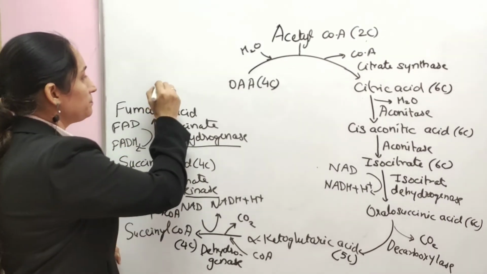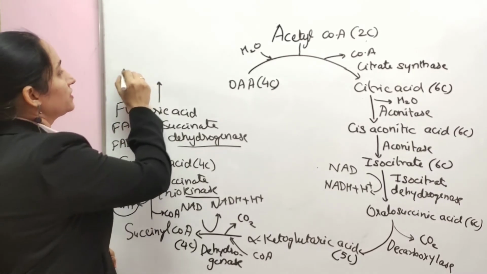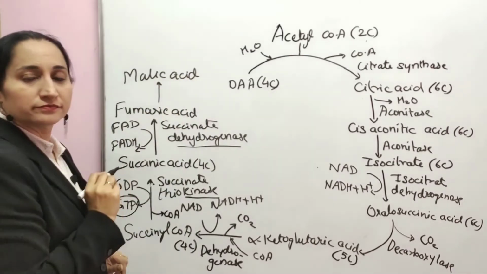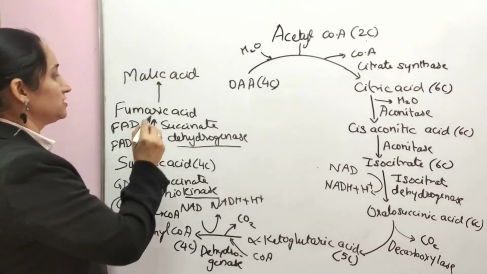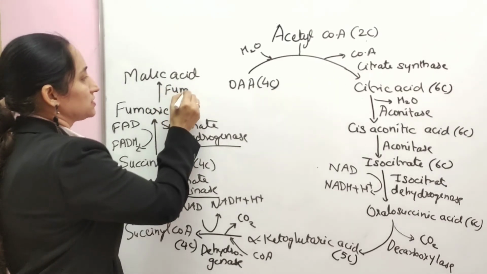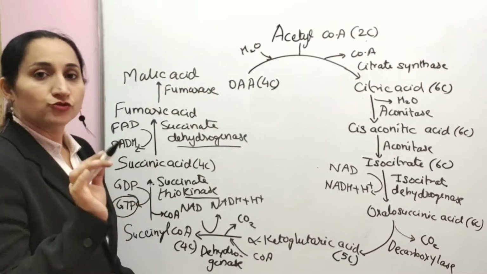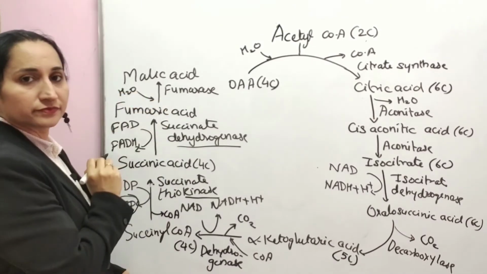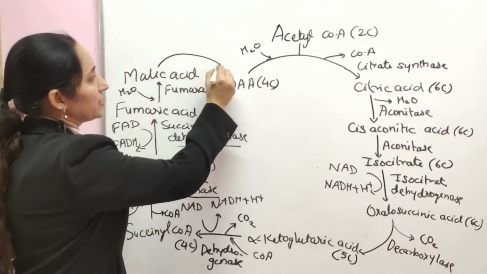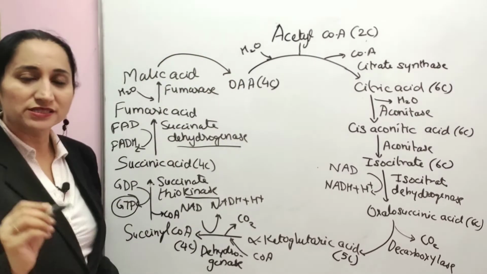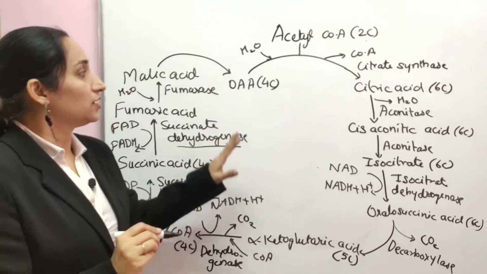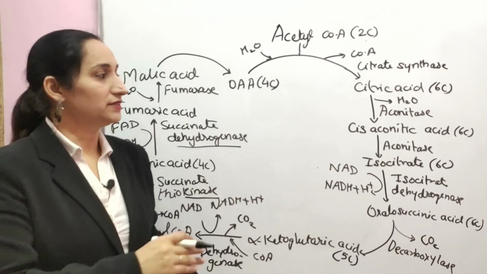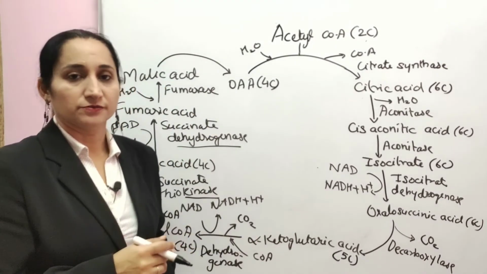In the next step, fumaric acid will get converted into malic acid. With the help of enzyme fumarase, fumaric acid is hydrated to malic acid. In the next step, this malic acid will get converted into oxaloacetic acid, or we can say oxaloacetic acid is being regenerated so that the cycle can be continued.